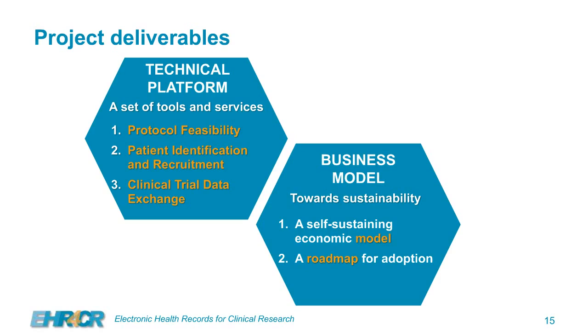This business model outlines how these services can be a self-sustaining economic model and the kind of governance mechanism that we have put in place, which deals with accreditation and other aspects. The business model also outlines a roadmap for adoption, which we will talk about a little bit more at the end of this webinar.